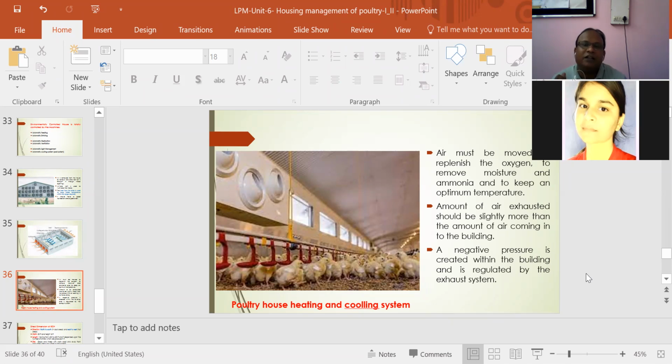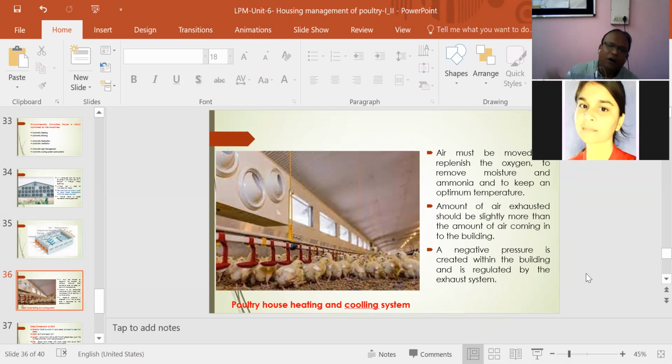The amount of air exhausted should be slightly more than the amount of air coming into the building. That is, the foul, warm air, which is loaded with moisture and ammonia, is exhausted slightly more than the air coming inside.